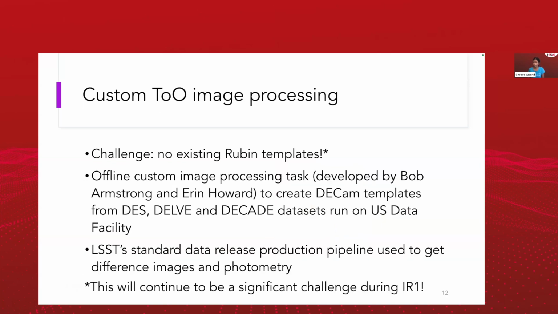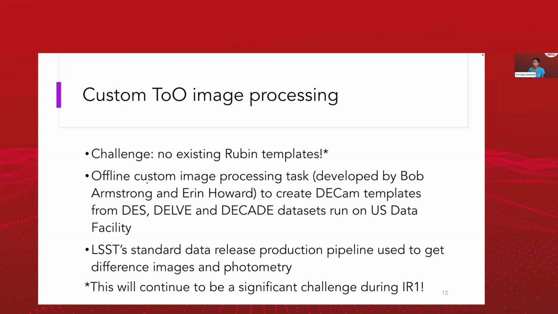So the main challenge that we encountered after performing these observations was that there are no existing Rubin templates in the region. This is because Rubin is again in commissioning and early operations phase and hasn't had a chance to build templates of the entire sky. This will actually continue to be a significant challenge during O4, the next LVK observing run that is coming up later this year, where we won't have complete template coverage.